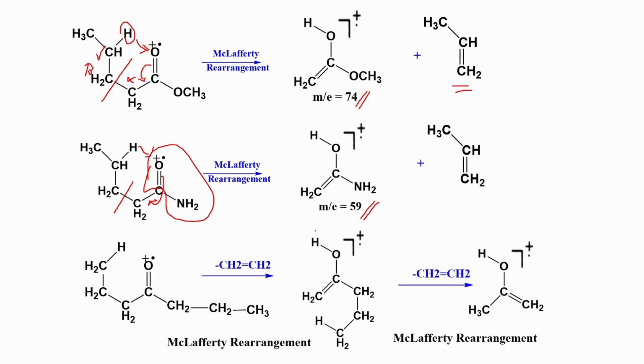Then if you take a ketone having gamma hydrogen atoms on both sides of the functional group, you can see it is the gamma carbon atom. Here also the gamma carbon atom is here with a gamma hydrogen atom. Thereby a double McLafferty rearrangement takes place with the elimination of the corresponding alkene, forming first this McLafferty rearranged ion, and this McLafferty rearranged ion also having this gamma hydrogen atom.